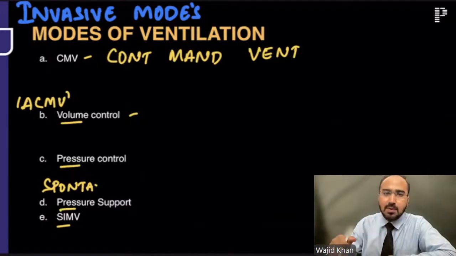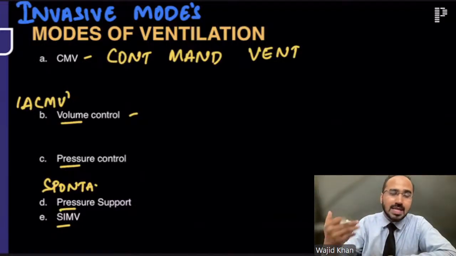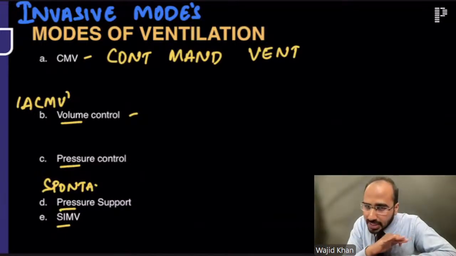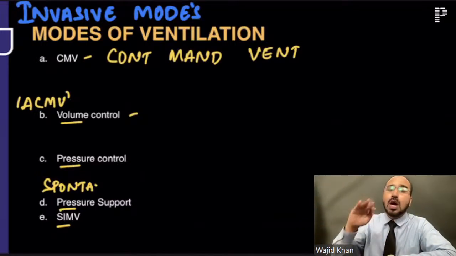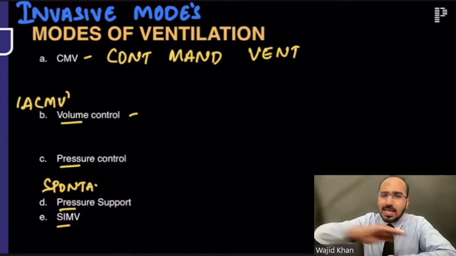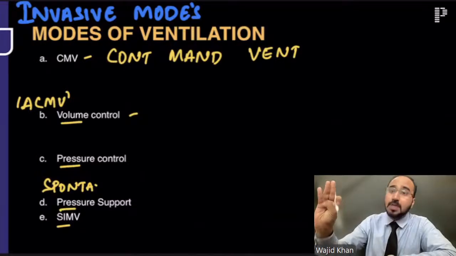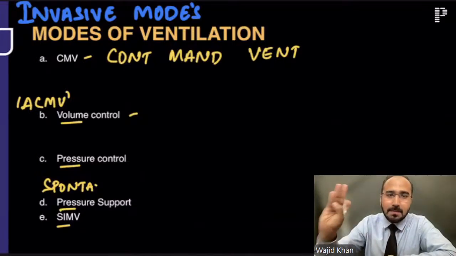Now, in these 5 modes, which is the mode that you initiate when the patient is not at all breathing? When the patient is not at all breathing, you want your ventilator to do all the job. You adjust the tidal volume, and you want the ventilator to deliver a pressure also.